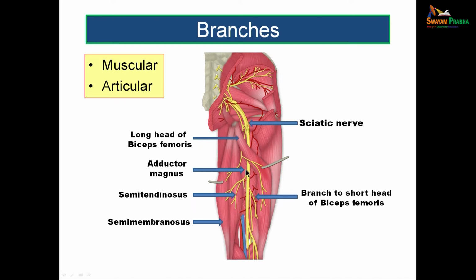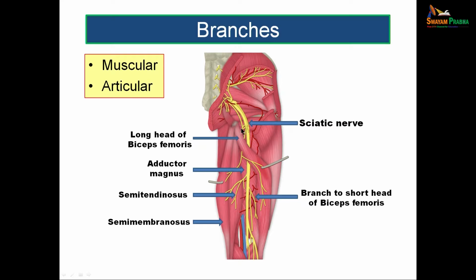This group of muscles is called the hamstring muscles, and it is formed by four muscles, that is semitendinosus, semimembranosus, adductor magnus ischial part, and the long head of biceps femoris. Along with these, the sciatic nerve also supplies the short head, which is the non-hamstring part.